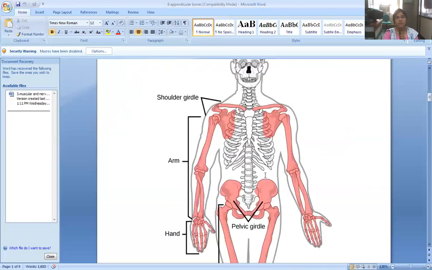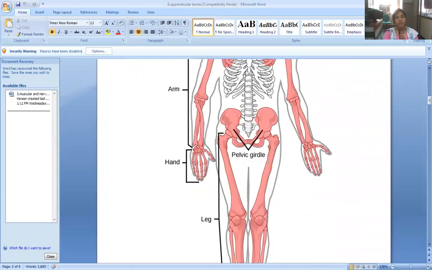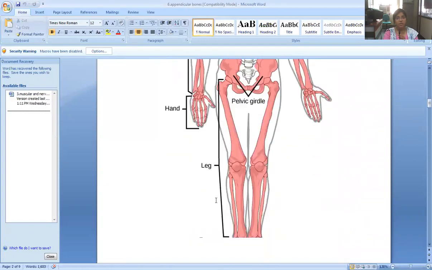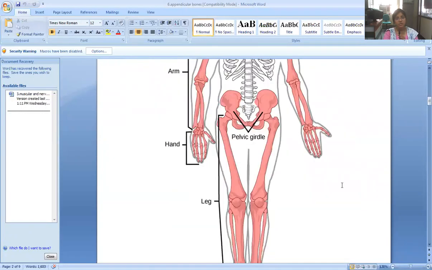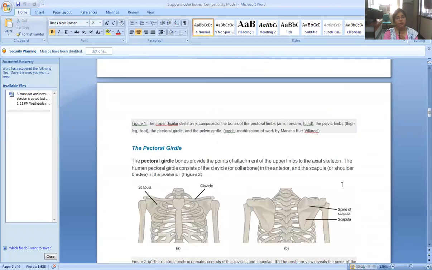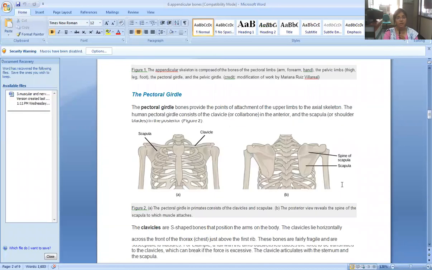So this figure shows the shoulder girdle, arms, pelvic girdle, hand and leg. So this is the appendicular system, and now we come to the pectoral girdle.